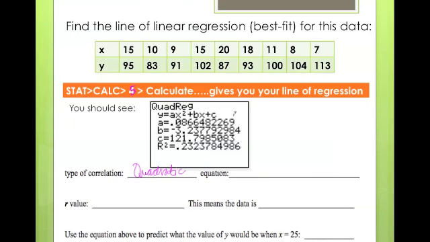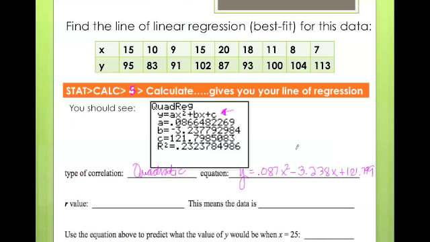In my equation, I can see the basis of my equation is right here. So it's going to be y equals, and my a value is 0.087 x squared minus 3.238x plus 121.799.